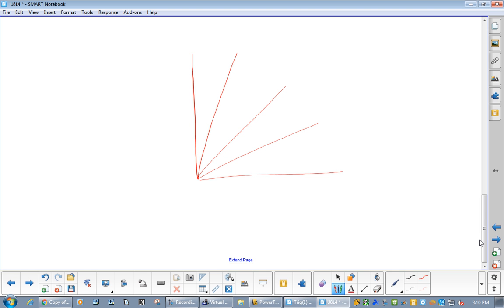Okay, so this is pi over 6. This is 2 pi over 6. This is 3 pi over 6. And this one is pi over 4. So this is root 3 over 2, comma 1 half. This is 1, 0. This is root 2 over 2, root 2 over 2.